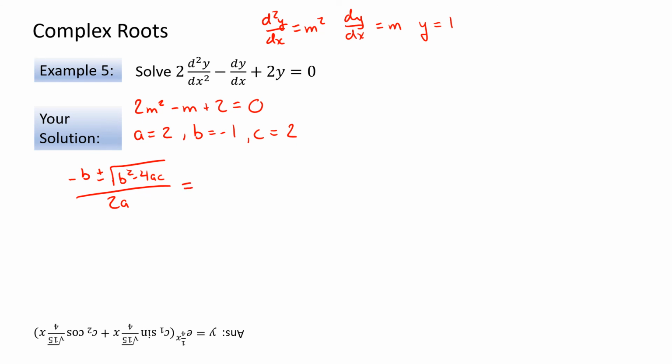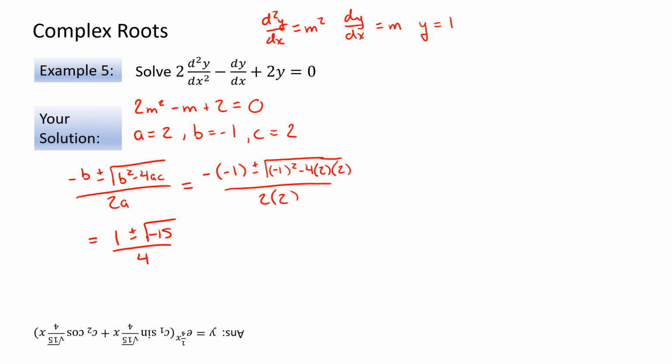So substituting in our values, we get negative times b, which is -1, plus or minus the root of -1 squared, minus 4 times a, which is 2, times c, which is also 2. And that's all divided by 2 times a, which is 2. So simplifying, we get negative of -1, which is +1, plus or minus, simplifying this root, we get 1 minus 16, or the root of -15, over 2 times 2, which is 4.